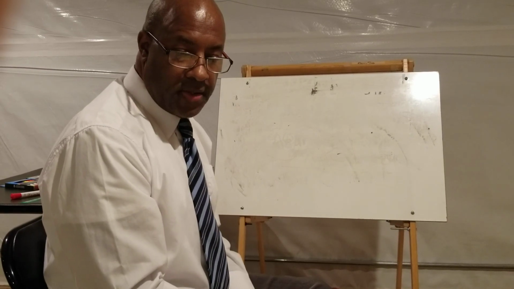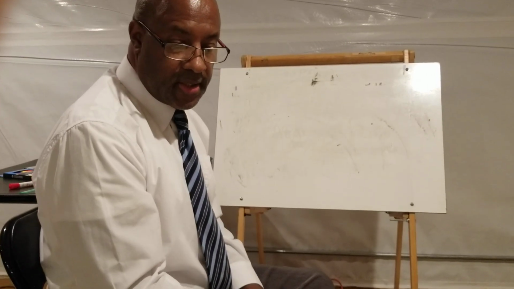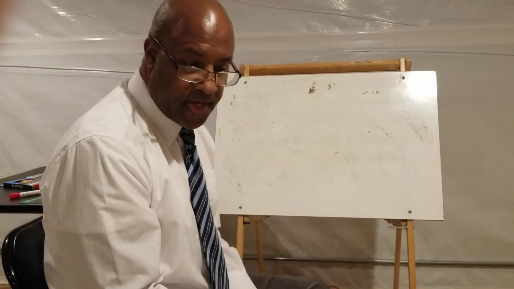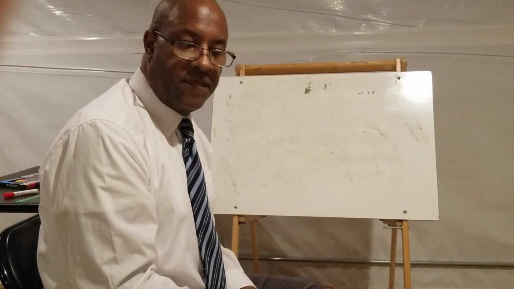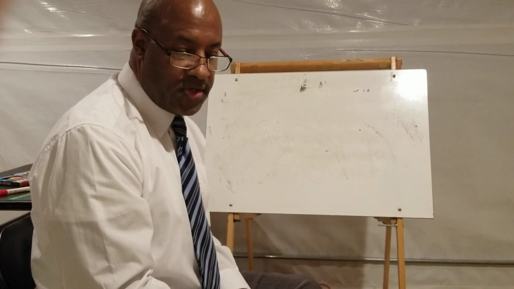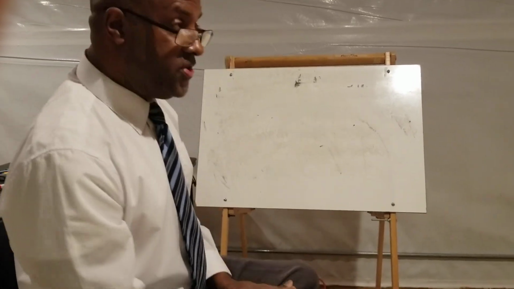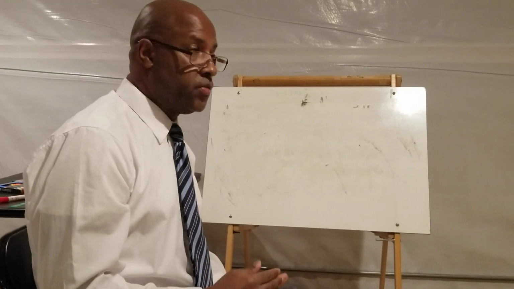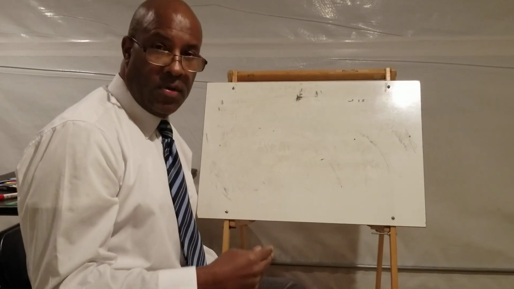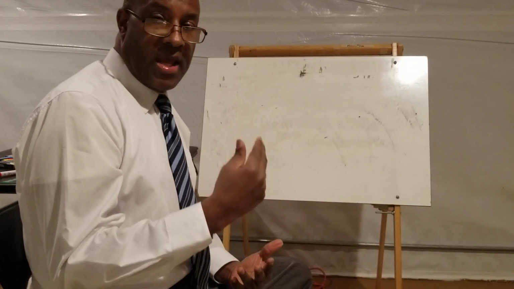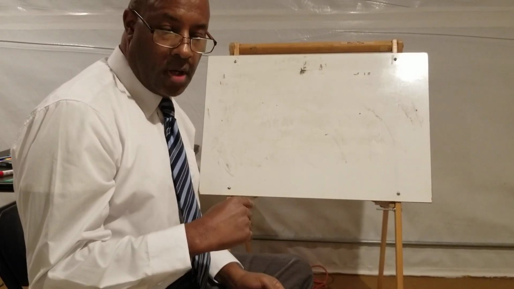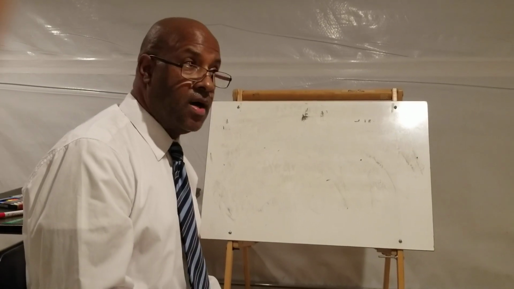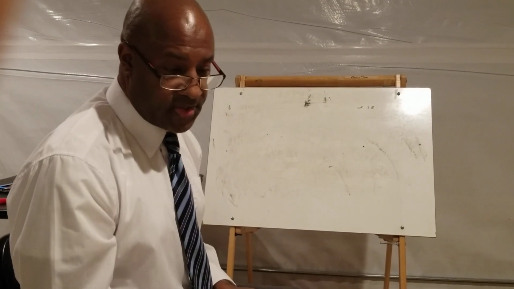Then we're gonna look at converting yards to inches. Then we're gonna convert yards to feet, and then finally we're gonna convert feet to inches. And just keep this in mind, boys and girls, in order to convert U.S. customary units, once again, you have to know what an inch is, you have to know the length of a ruler, 12 inches, and you have to know the length of a yardstick, 36 inches.